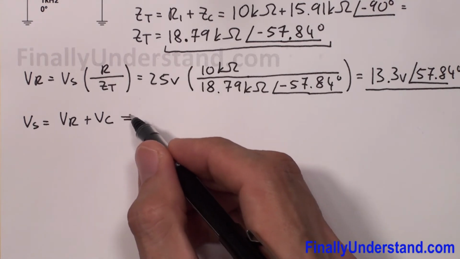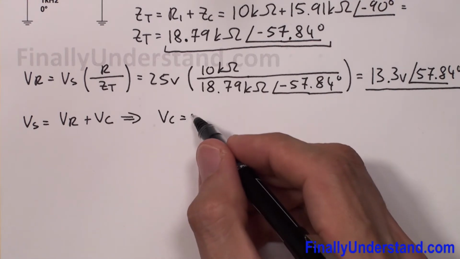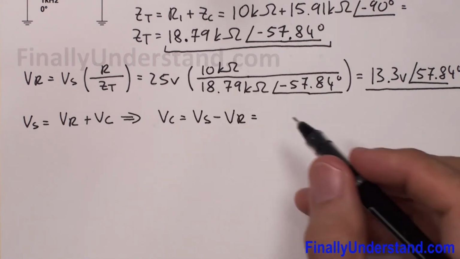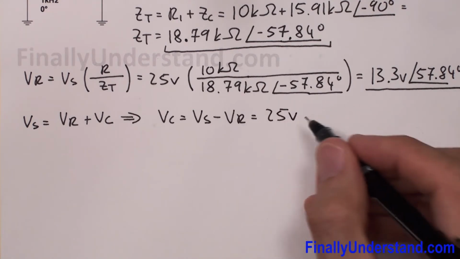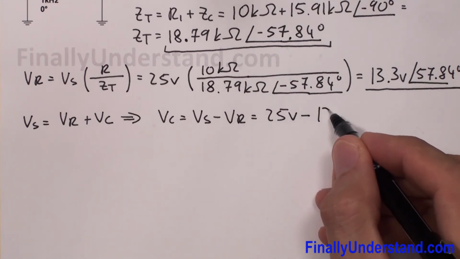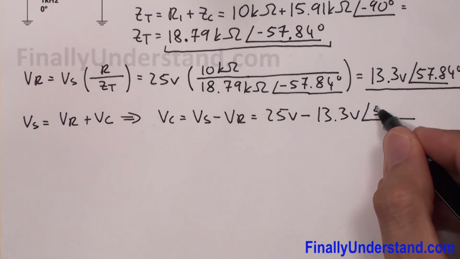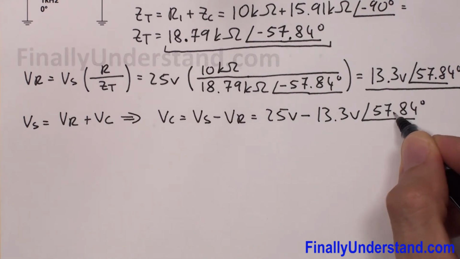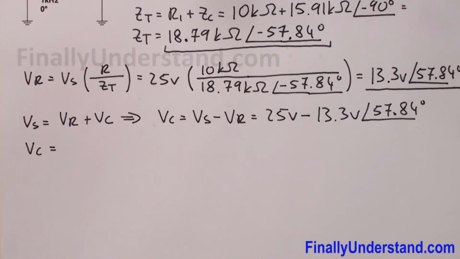So if you want to find VC, VC is going to be equal to the voltage source minus VR. This is equal to 25 volts minus VR, 13.3 volts and angle of 57.84 degrees.